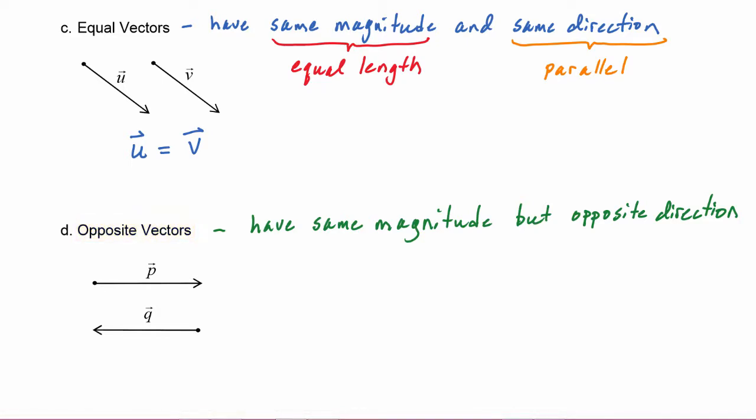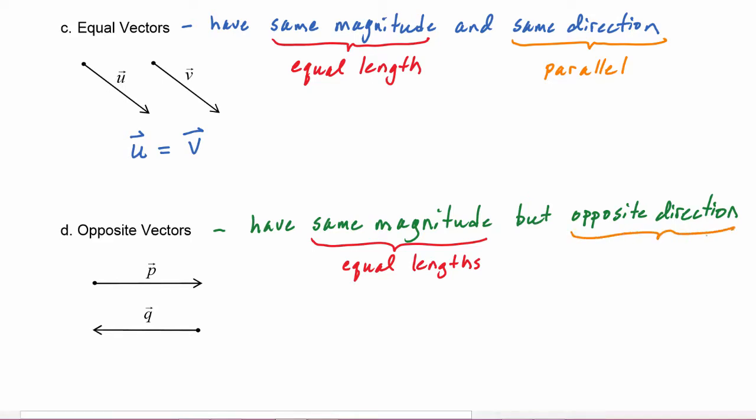So once again, we know their magnitude is the same if they have equal lengths. And because they go in opposite directions, they will be parallel, but the arrows are pointing in opposite directions.